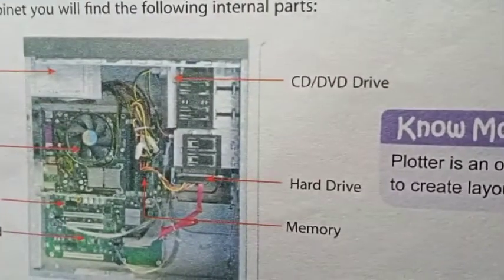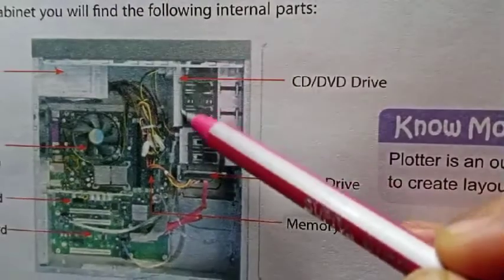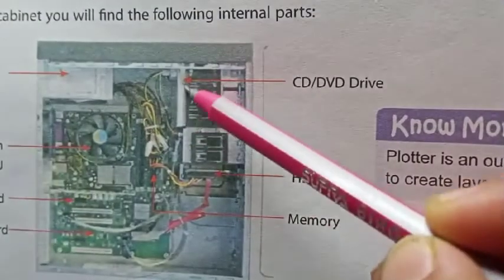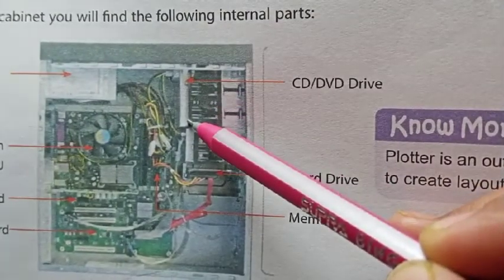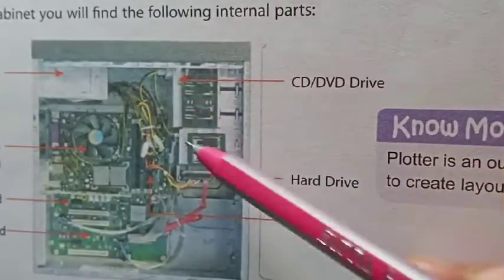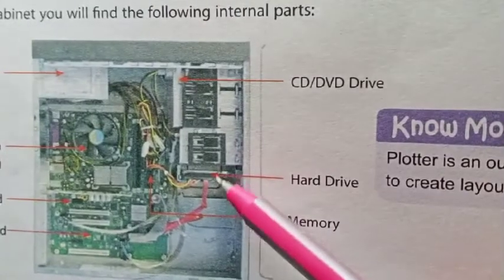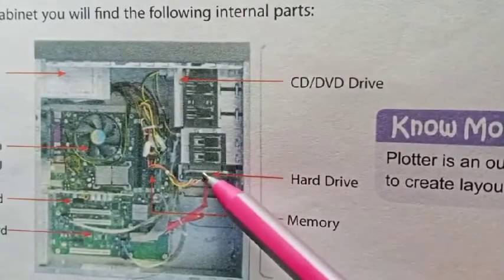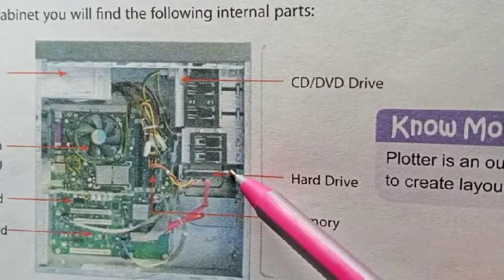It is shown clearly that here you will find a CD or DVD drive. This is the inside view of the CD or DVD drive. Then this is the hard disk that is placed inside.